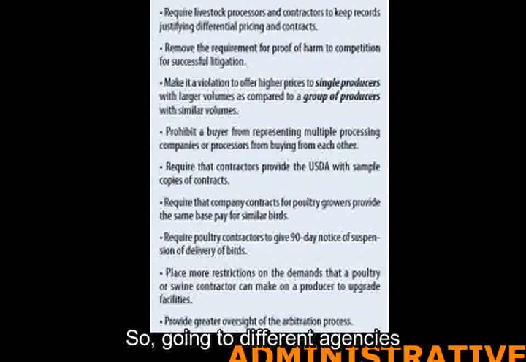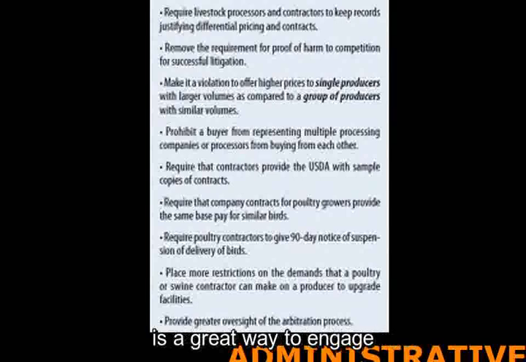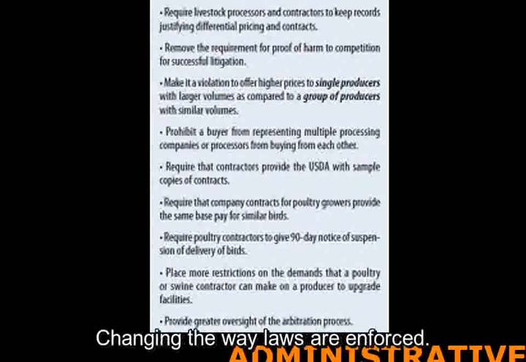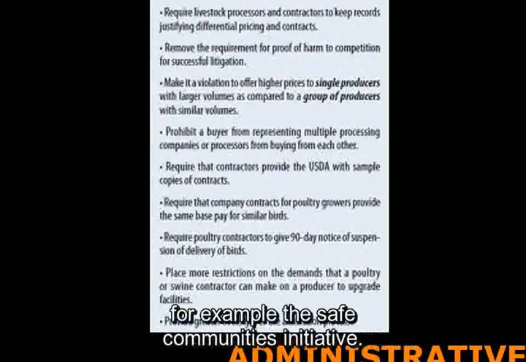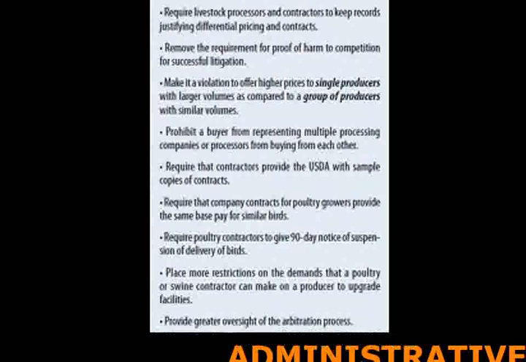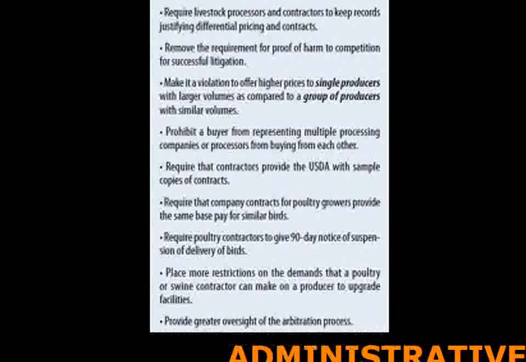So going to different agencies and trying to change regulations, or submitting comments to change rules or regulations, or enforcement of existing law, is a great way to engage in administrative advocacy, right? Changing the way laws are enforced, changing the way the police enforce, for example, the Safe Communities initiative of ICE. That's a great way to engage in administrative advocacy, if you will.